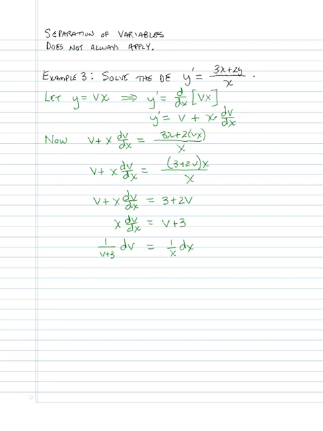In other words, when we integrate this left side, we get natural log of the absolute value of v plus 3. And on the right side, when we integrate, we get natural log of absolute value of x plus our constant of integration that we've all taken to the left side.